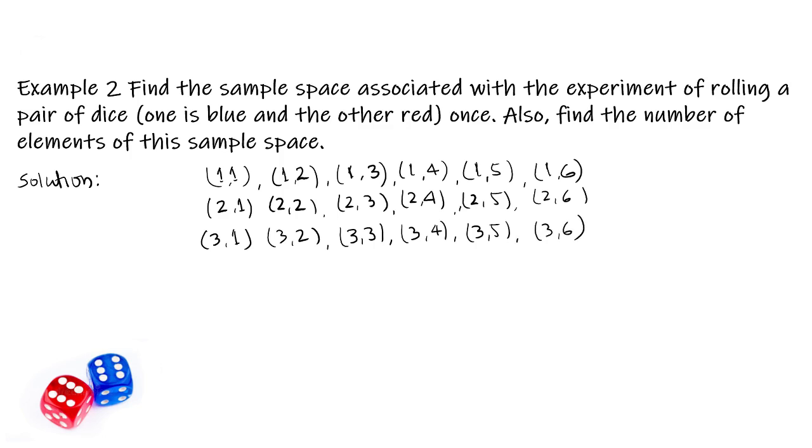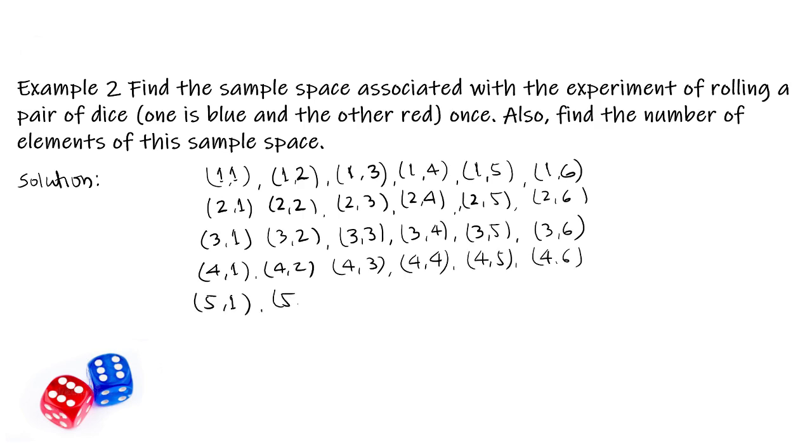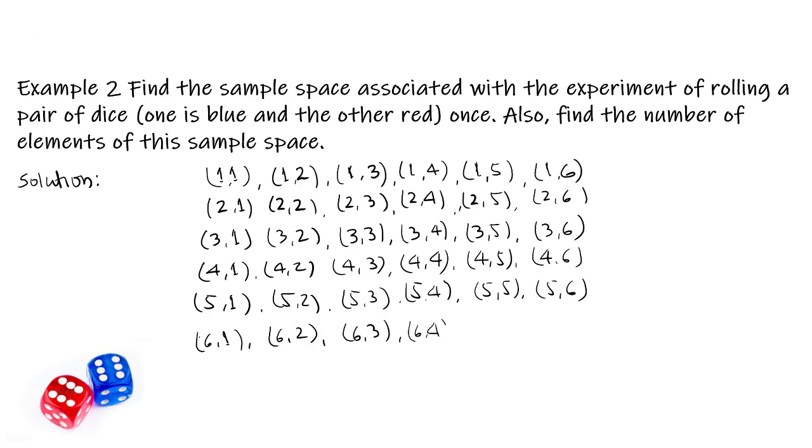That is, the first digit shows the outcome in the blue die and the second digit shows the outcome in the red die. Then (4,1) to (4,6), (5,1) to (5,6), and (6,1), (6,2), (6,3), (6,4), (6,5), (6,6).